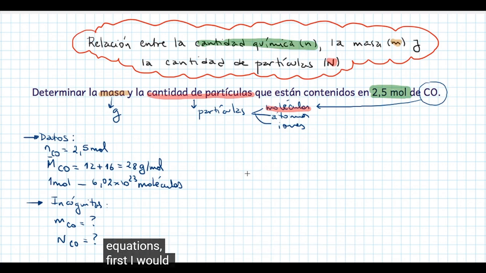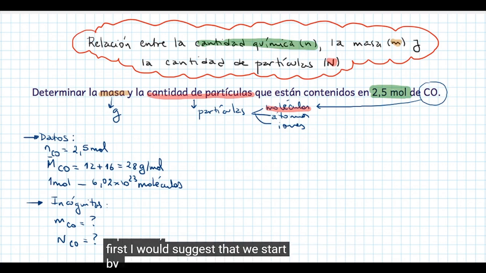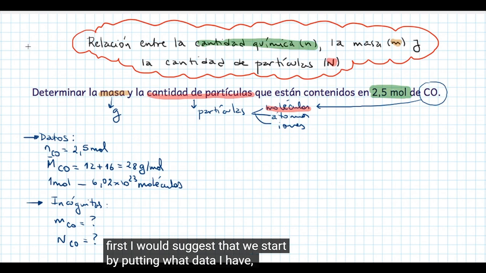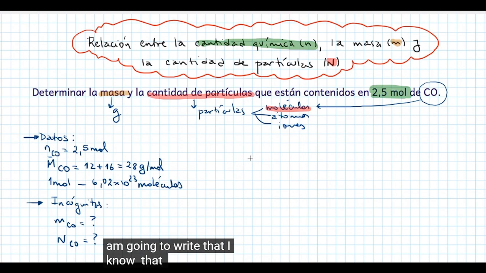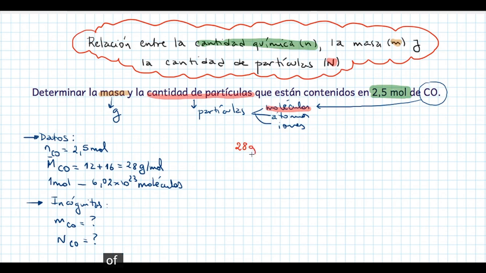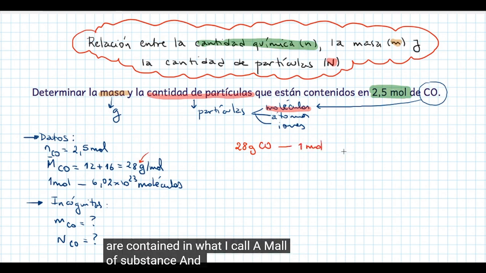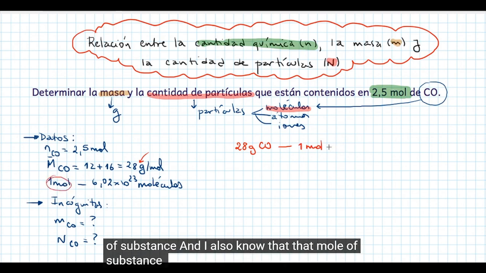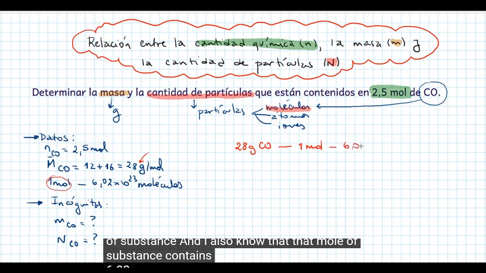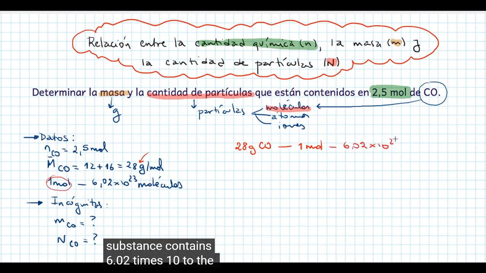First I would suggest that we start by putting what data I have. I am going to write that I know that 28 grams of carbon monoxide are contained in what I call a mole of substance, and I also know that that mole of substance contains 6.02 times 10 to the 23rd molecules.